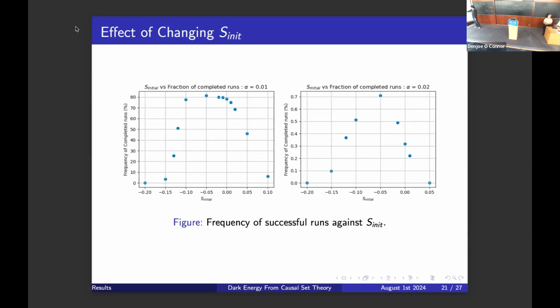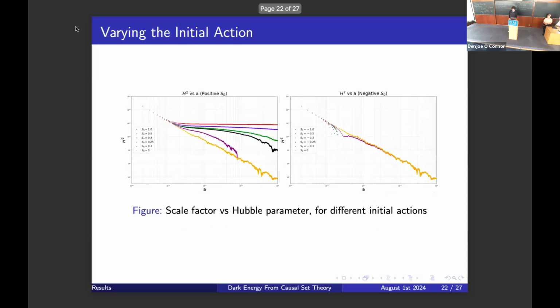You can see an initial action of negative 0.05 gives around 80% completed runs for alpha of 0.01, and similarly for 0.02. These graphs aren't completely symmetrical, because on the left-hand side, the more negative a bias you put on the initial action, you run into numerical errors as opposed to H squared less than 0 errors, which is what you get on the right side. So that's why they're not the exact same.